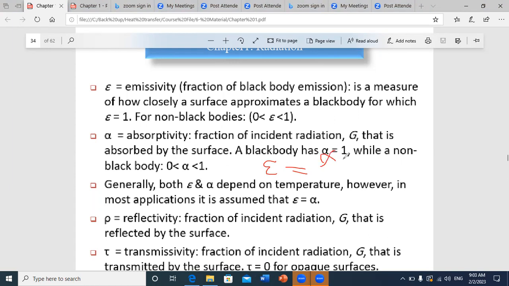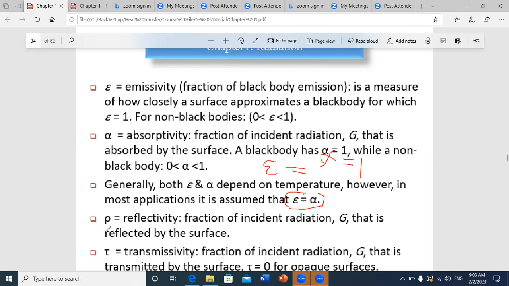However, for a gray body, epsilon will be between 0 and 1, and alpha will be between 0 and 1. And in general, both epsilon and alpha will depend on the temperature. However, to simplify things, in most applications, we take epsilon equal to alpha. So whenever they don't give you any information, you can consider that epsilon is equal to alpha.